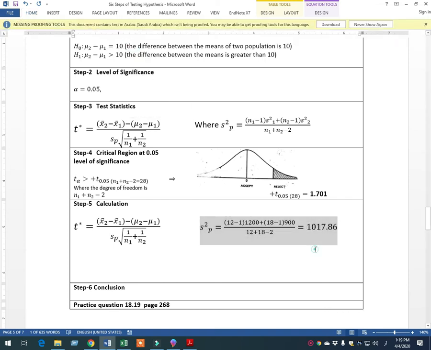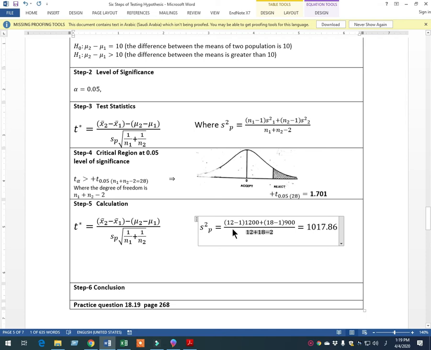So here I have calculated the pooled variance. You can see from this formula, n1 minus 1, that is 12 minus 1, into s1 square, that is 1200, plus n2 minus 1, 18 minus 1, into s2 square, that is 900, divided by n1 plus n2 minus 2. This is being replaced in the denominator.